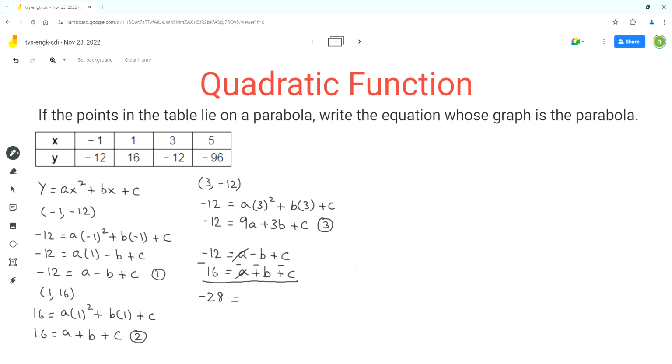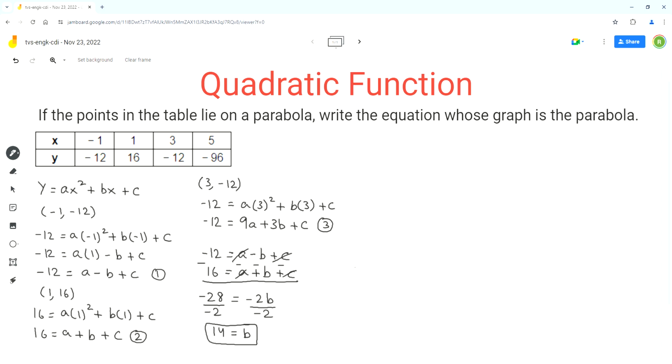So c minus c is 0. -b minus b is equal to -2b. Now we can find the value of b by dividing both sides by -2. I get b equals 14. So this is the final answer for the value of b.